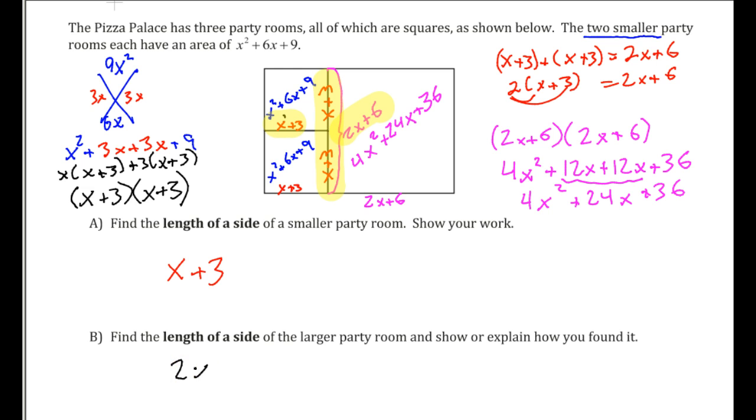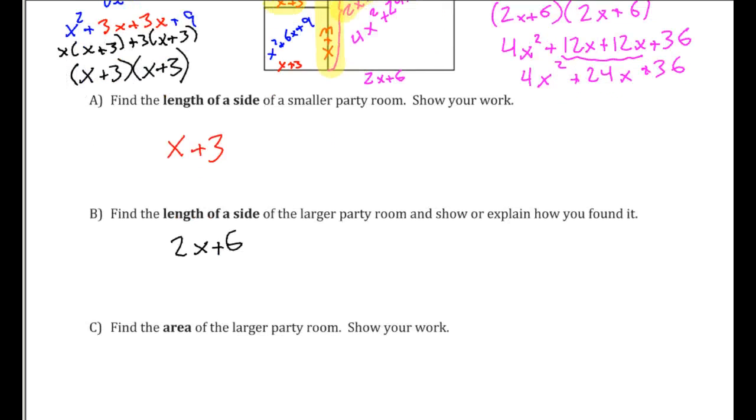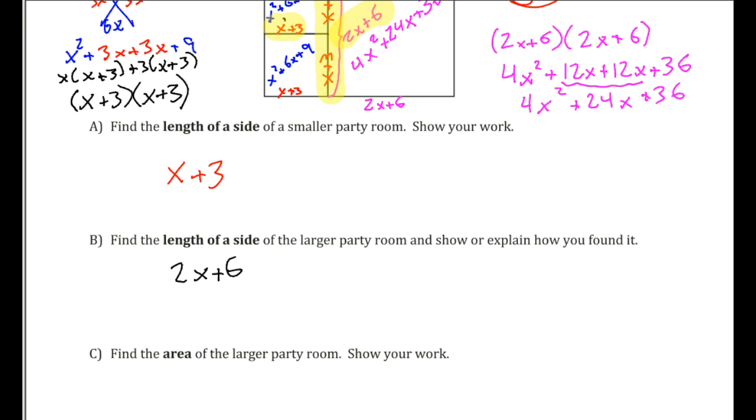So that was 2x plus 6. And the area of the larger party room, found it right there. That was 4x squared plus 24x plus 36.